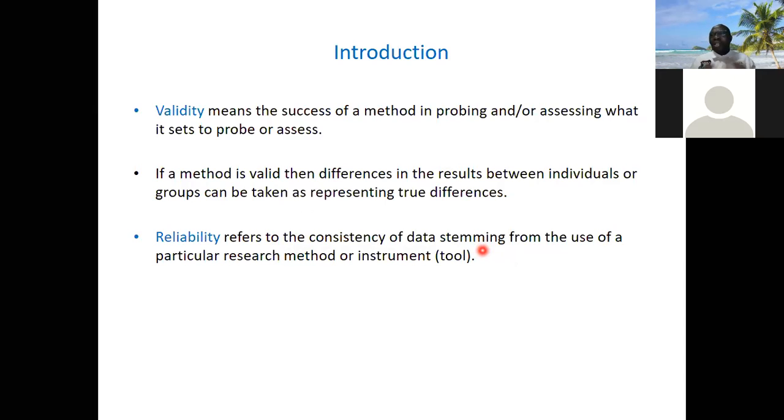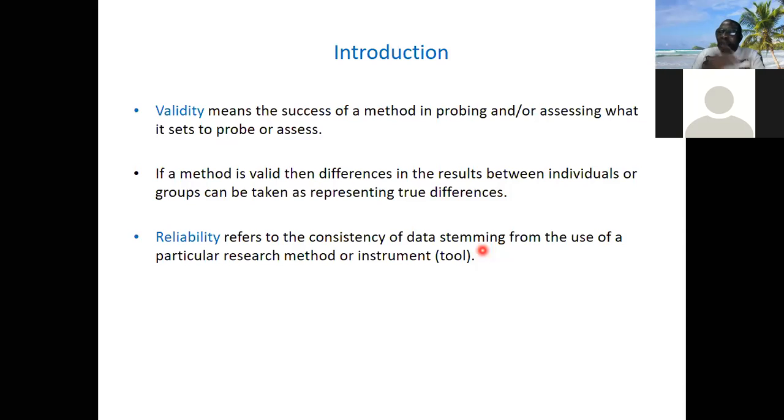Validity cuts across, and reliability also cuts across, but not as wide as validity. This one tends to move towards capturing of data, that is, how you are able to take your measurement.